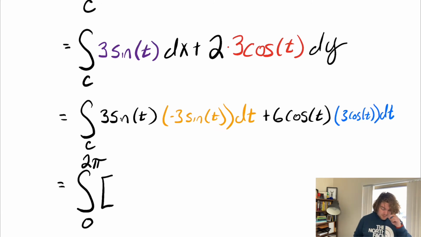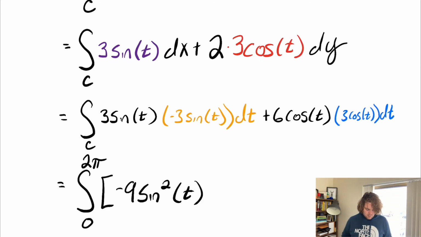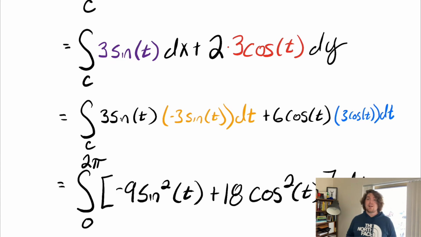Our integrand is now going to be 3 times negative 3, so a negative 9 sine squared of t, and to that we're adding an 18 cosine squared of t. And we're integrating both of these with respect to t.